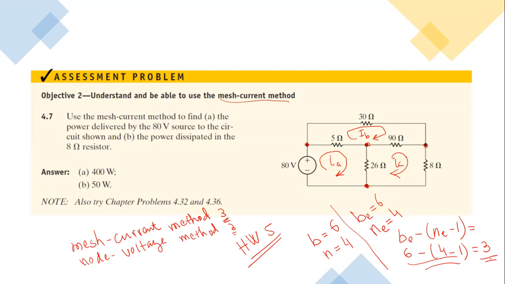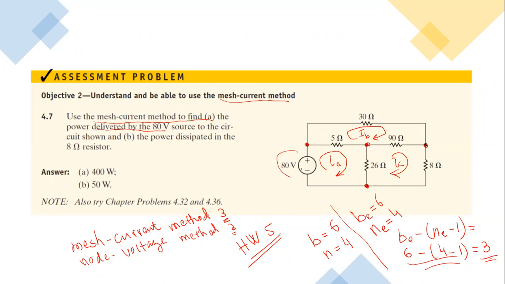Okay, so now we need to write 3 KVL equations, and after writing them you will have 3 equations with the 3 unknowns IA, IB, IC, and then you can solve this system of equations and find IA, IB and IC. Let's see what we need to do here. Use the mesh current method to find the power delivered by the 80 volt source.